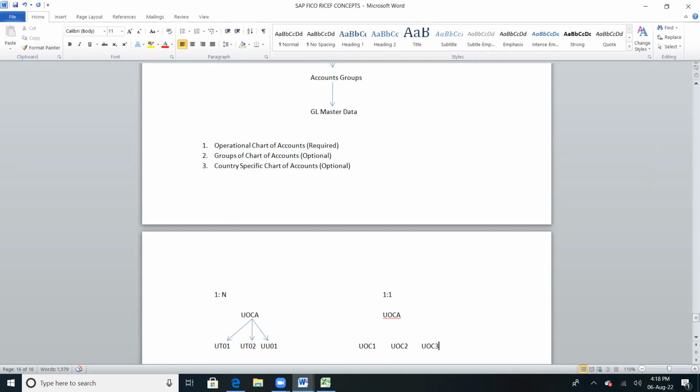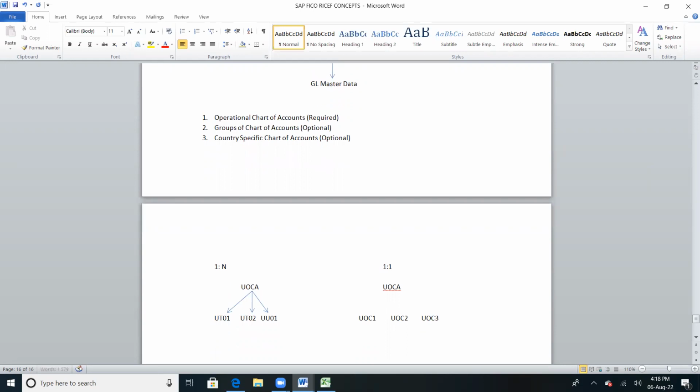In each individual company code we can have one chart of accounts. So UT01 is one company code, and it is company code UT01 only, right? Then UT02, UT03. So how does it work?